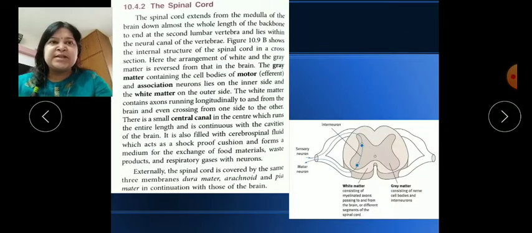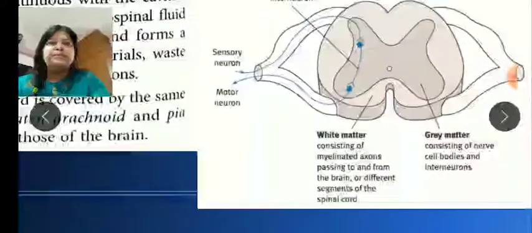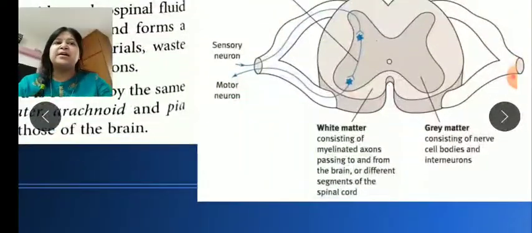So here you can see the gray matter, containing the cell bodies, is inside. You can see this butterfly-like structure. So gray matter is inside in the spinal cord, whereas white matter is outside. Gray matter is composed of nerve cell bodies and interneurons, present inside the vertebra.